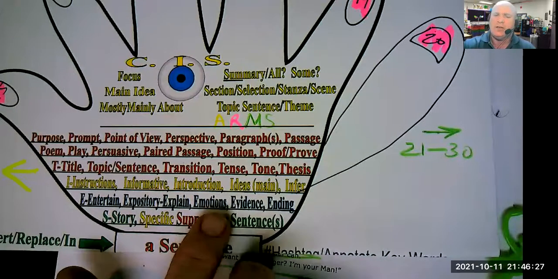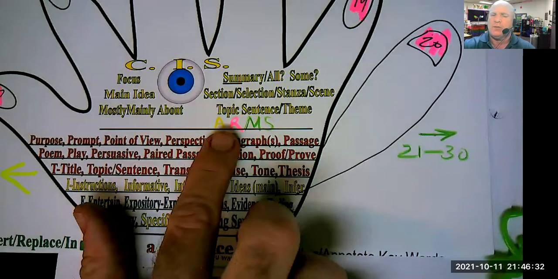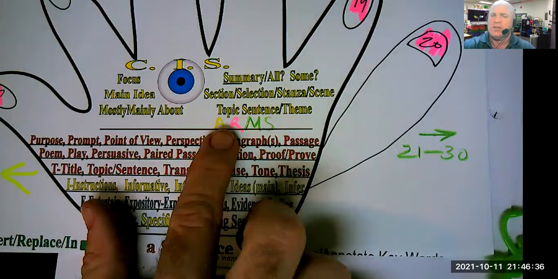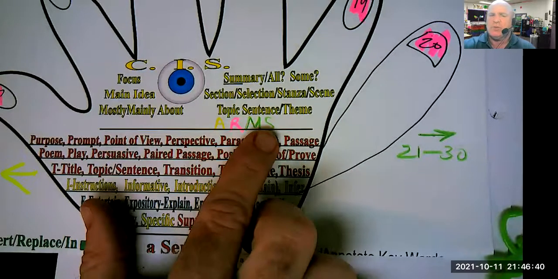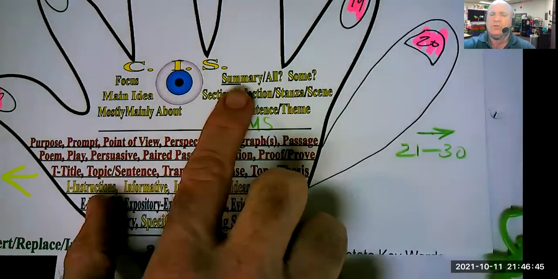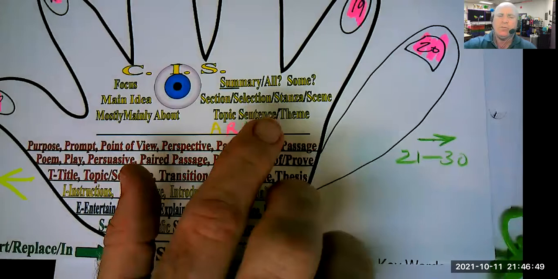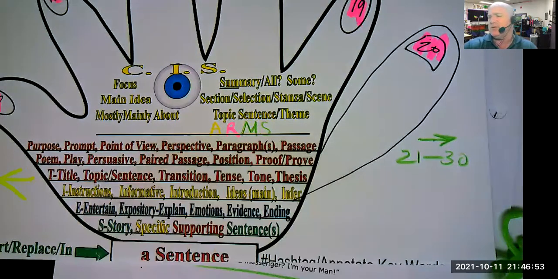Because if we can role play, we can remember that actors remember more story sequence, actors remember more sections, more summaries, more selections, more stanzas, more scenes. If you act out any little scenes that are able to be acted out, you'll be able to remember them because they'll be coming to life right in front of you.